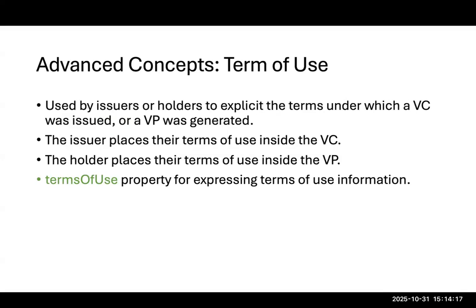The issuer places the terms of use in the verifiable credential. The holder, of course, can use this property in the verifiable presentation. The terms of use property lets you, as an issuer or as a holder, express the terms of use of the credential.